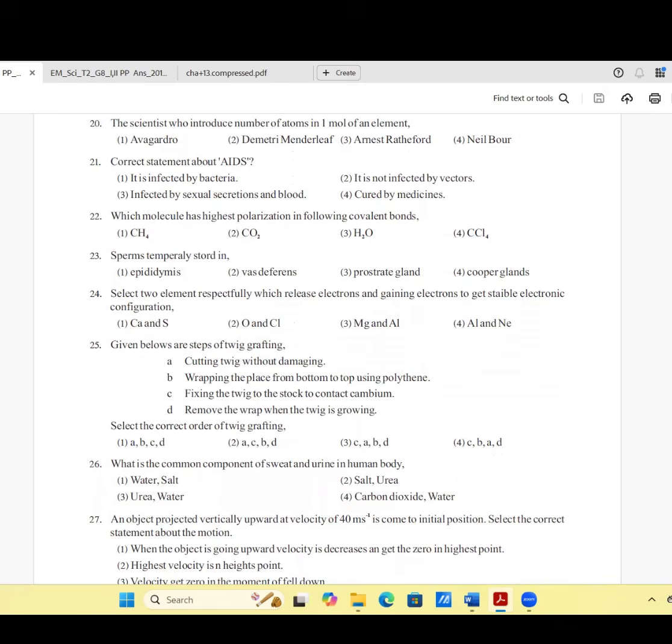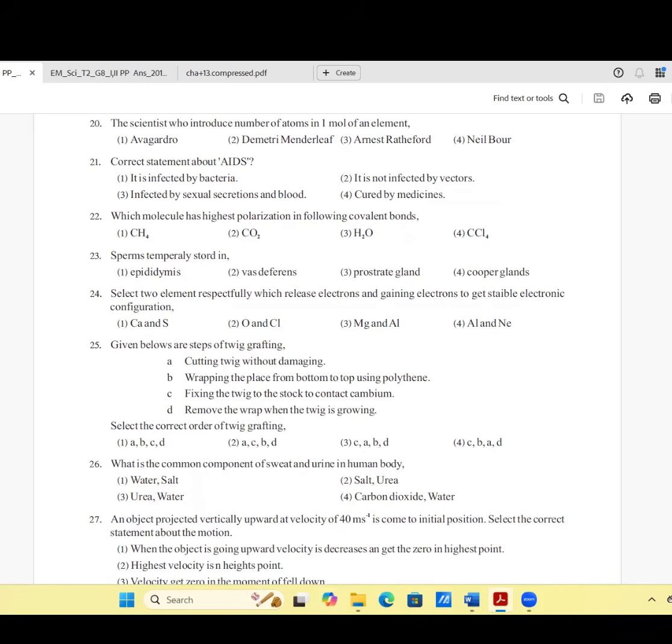Question 22. Which molecule has the highest polarization in the following covalent bonds? Answer number 3, H2O.